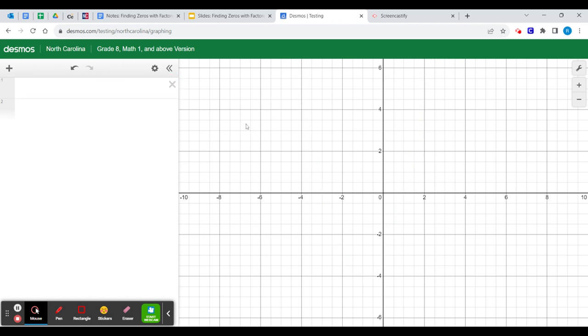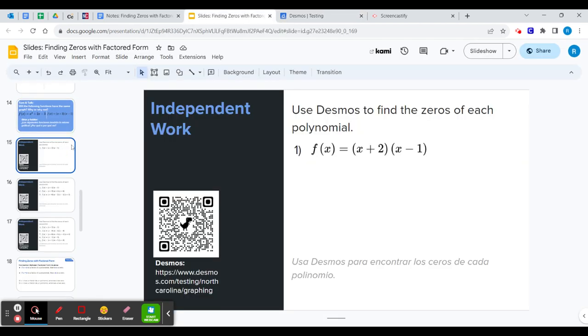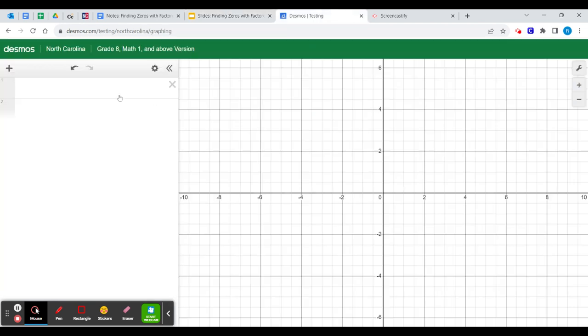So we then did a quick explore activity with Desmos. It really helps to have Desmos to hone this skill, so head to this website to use the North Carolina testing version so we get used to that. We are going to find the zeros of each polynomial using this equation. Remember, the zeros are our x-intercepts. So let's plug that in.